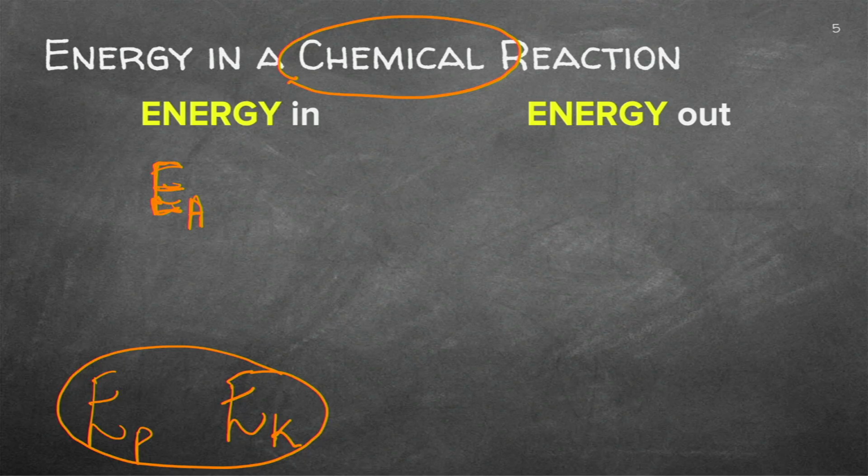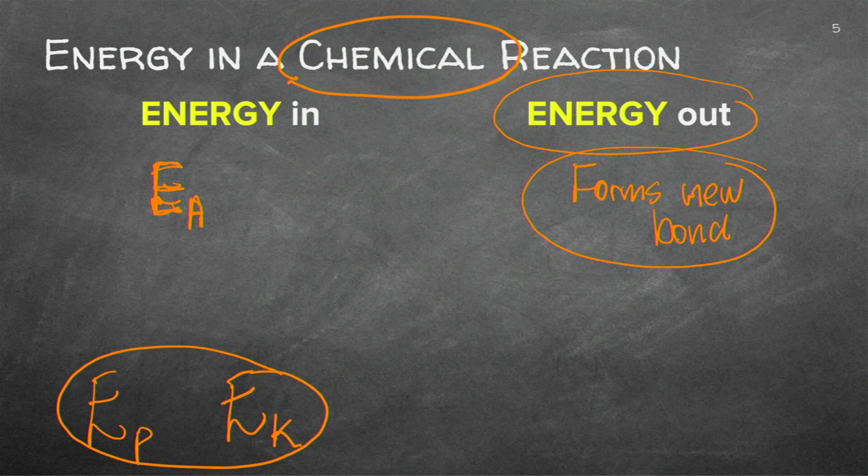And remember then, there will be energy released to form new bonds. So to form a new bond, you actually release energy. And remember, they will move closer to each other here. And in the previous one, it was something like that. So you'll see I get two new molecules formed.